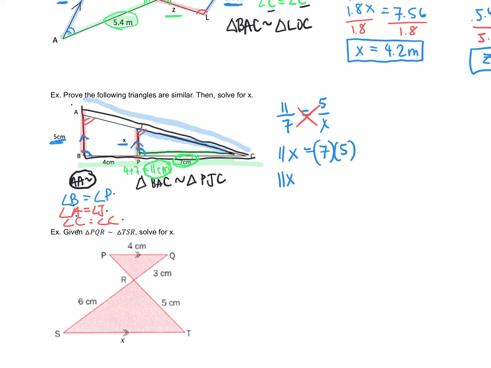So 11X equals 7 times 5, which is 35. And then our last step is always to divide out that coefficient. When we do 35 divided by 11, we get approximately 3.2 centimeters if we round to 1 decimal. And I use this squiggly equal sign to show that I am rounding. And there we have it. We reviewed some proving and we did some solving.